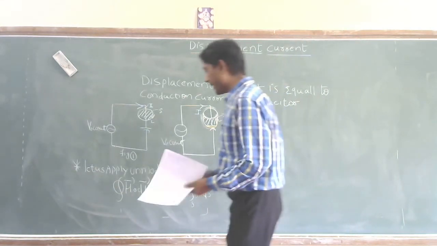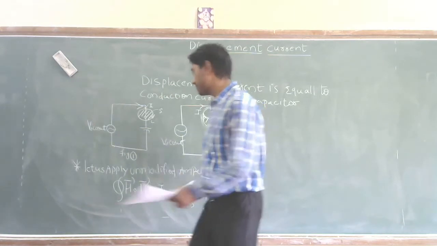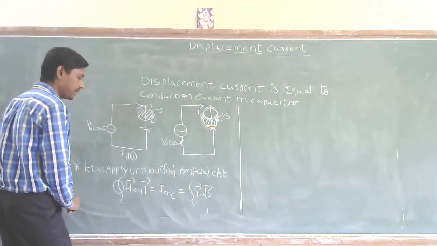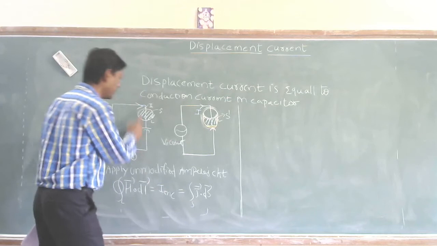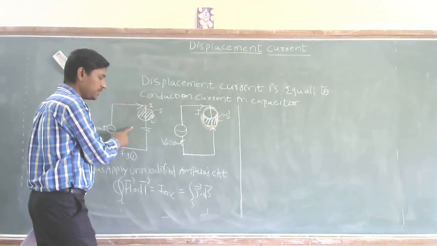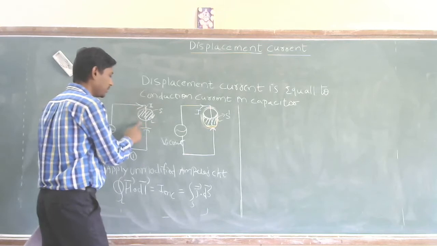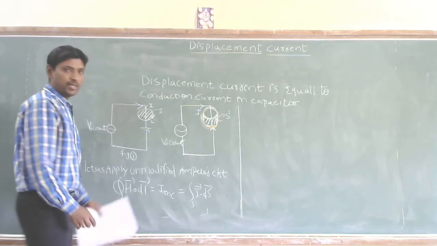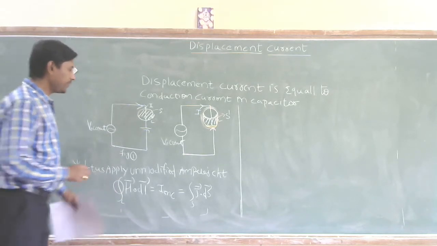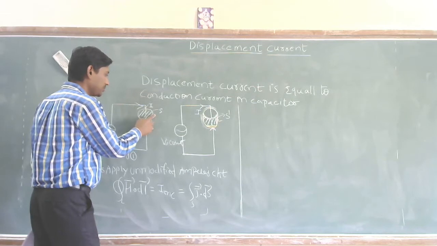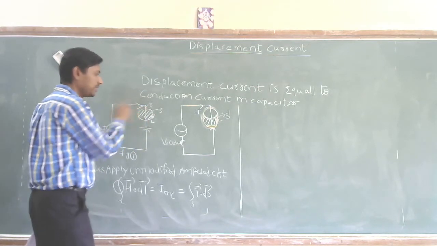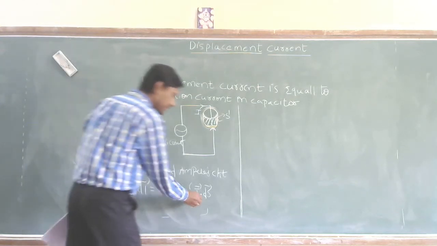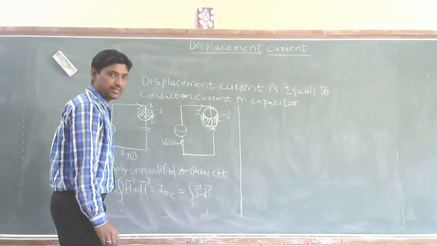So I am applying this Ampere circuit law for this loop, shown here as L, and that should be equal to I enclosed within that loop, which is also the surface integral of J dot ds. It is quite obvious from the figure that the I enclosed is nothing but this particular I, the conduction current, which means that J is also the conduction current density.